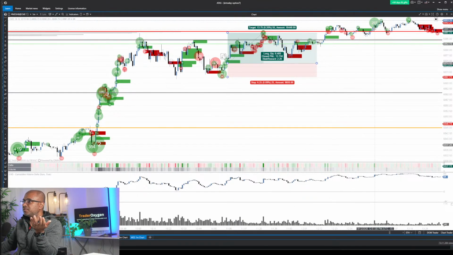Then once we saw this green bubble printed with aggressive buy side stacked imbalances, we kept trailing, and finally moved the trailing stop loss just below this green bubble.